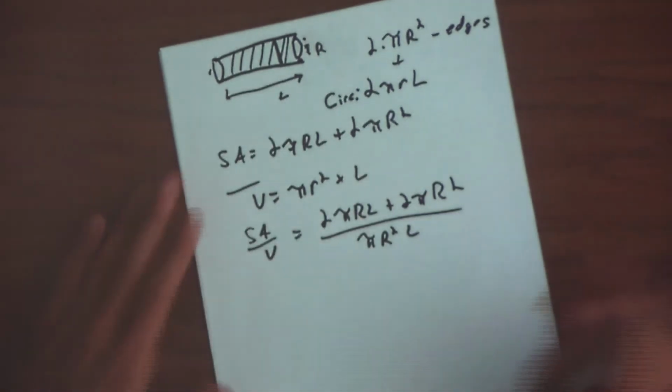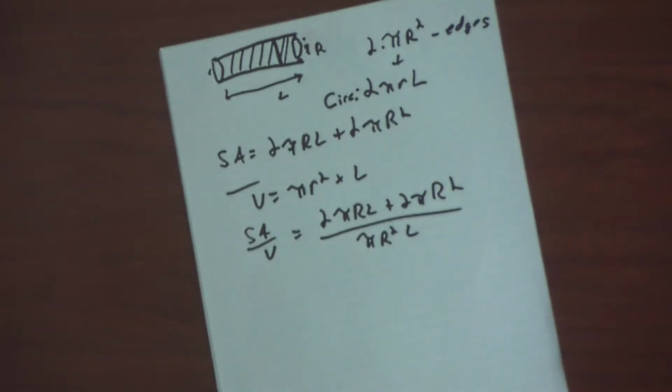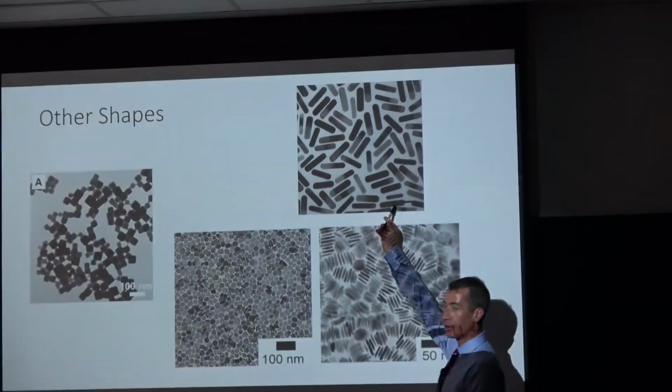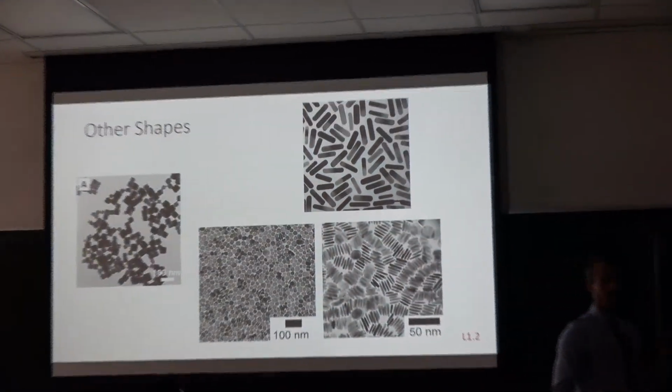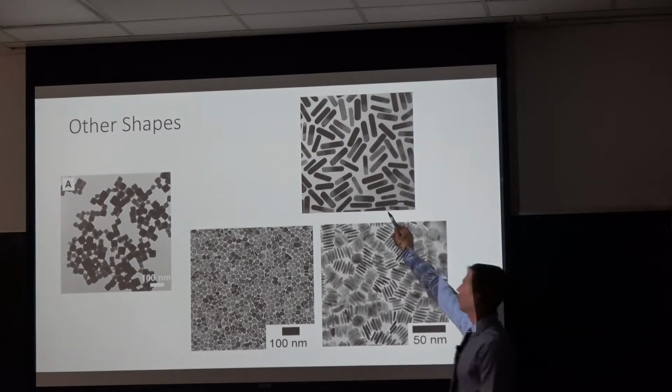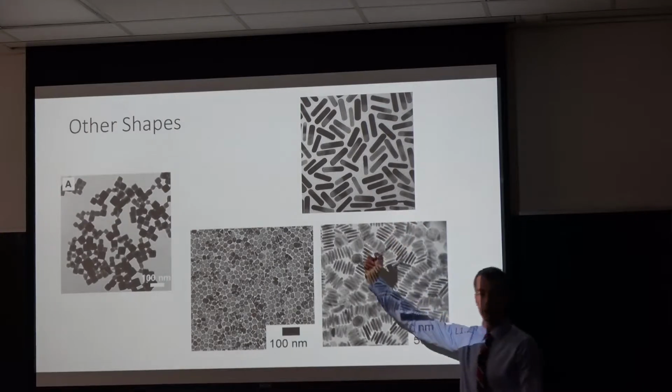So this would be for something like a regular gold nanorod. So something like this, where an aspect ratio is 2:3:4, where you really do need to consider both the length and the width of the surface area.